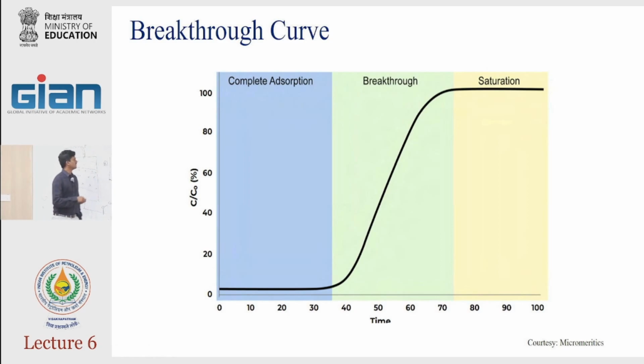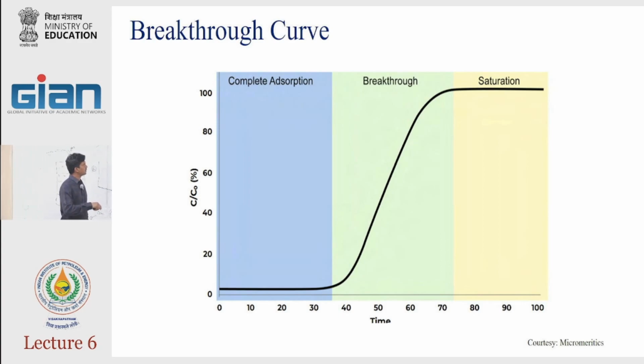As we said, initially when we start the process, all the gases will be adsorbed into the system. Therefore, the initial concentration will be close to zero. This part is where complete adsorption is happening, where we have an unsaturated bed.